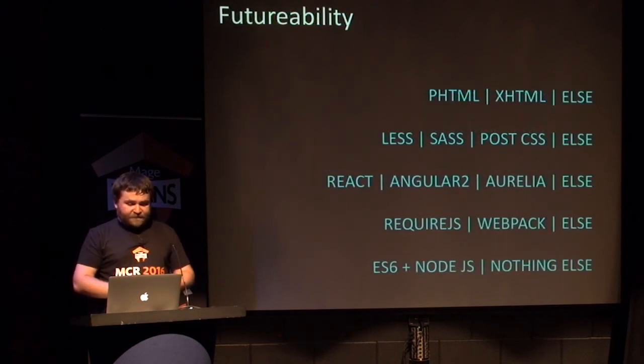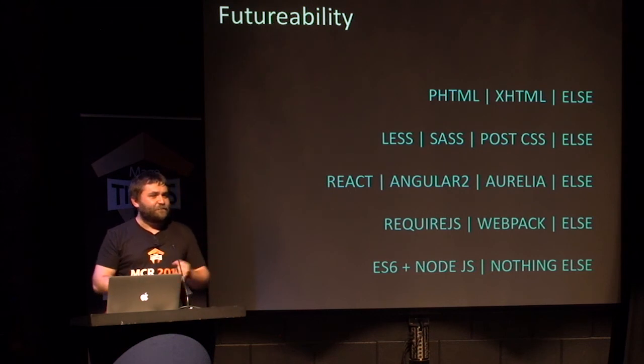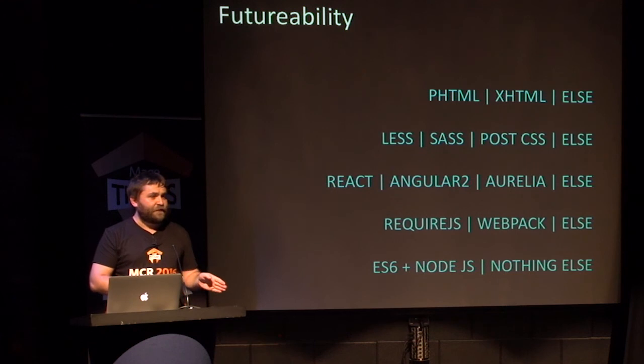So the last slide on this presentation is some word, featureability. I don't know, I just invented that word by myself. Maybe I'm not the first one, but still, I like it. So we want to have our platform to have this ability, to have the future, to not be stuck somewhere in the past.